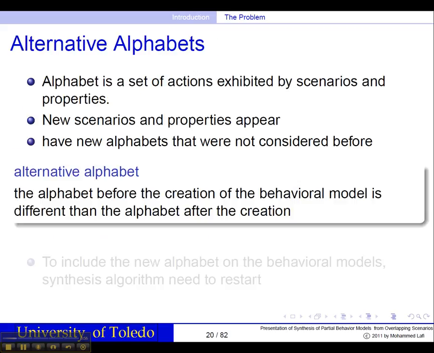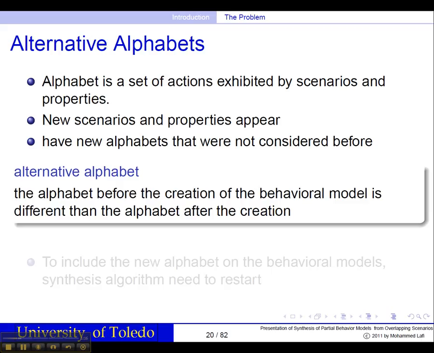Alternative alphabets. The alphabet is the set of actions exhibited by scenarios or properties. We expect that after we create the behavioral model, new scenarios or properties may be discovered or may appear from some user.